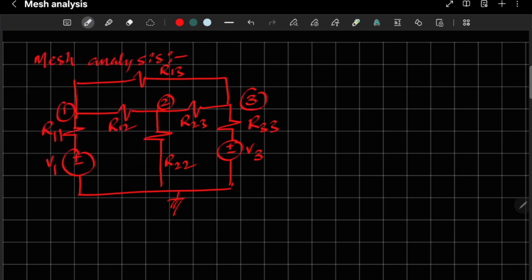So performing the mesh analysis means finding mesh currents only. Finding mesh currents is nothing but performing the mesh analysis.